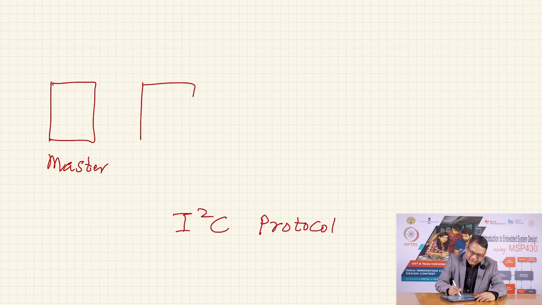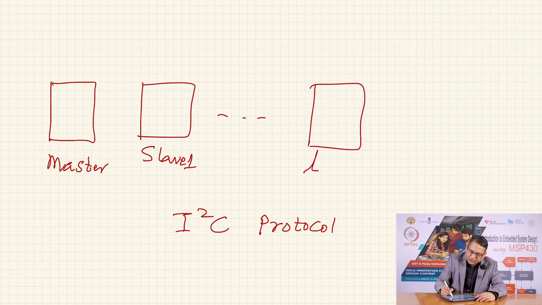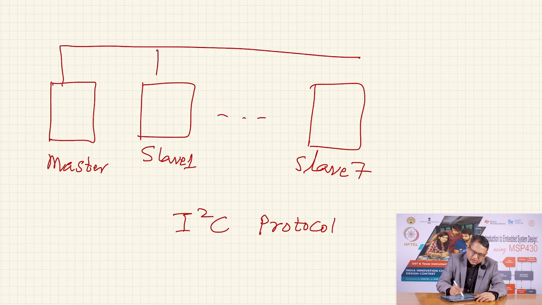You could have slave 1 and up to slave 7, and using only 2 wires, and let me draw the second wire with a different color, you can have, and you would of course need a pull up resistor on both of these wires.